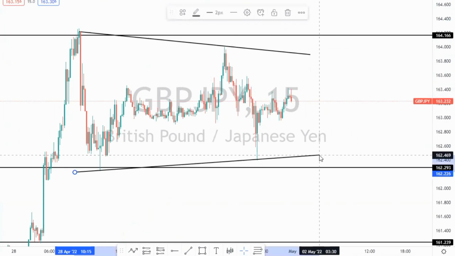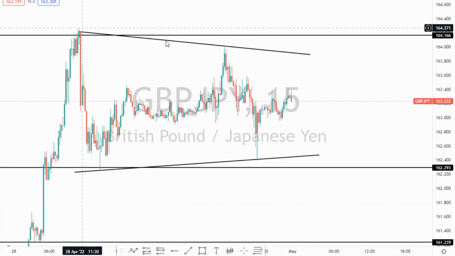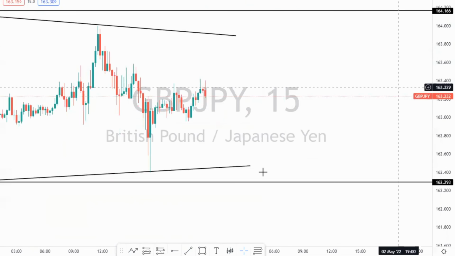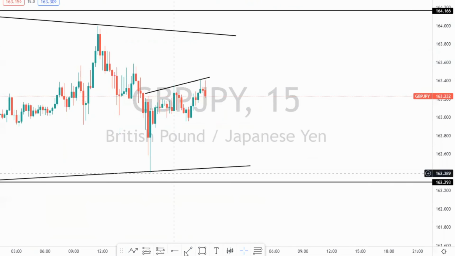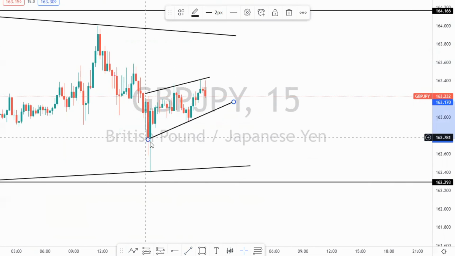So we could see that so far we have 2 touches on our trend line, and we also have a support, right? And another thing, we can see that we have 2 touches on the resistance trend line, and we also have a resistance, right? So currently right now, I can see that we have a type of a correction inside, right? And I can do the same for my support.